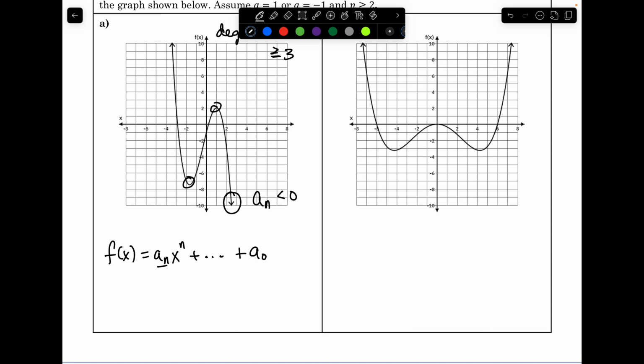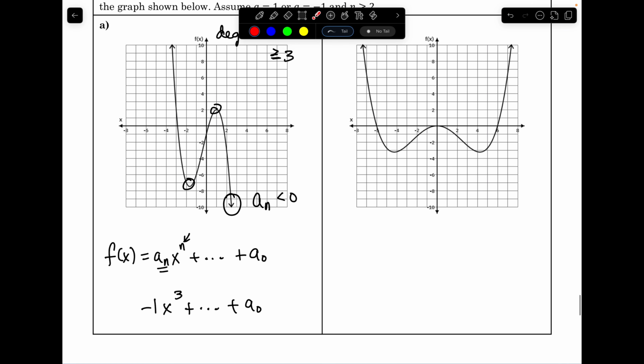We know this coefficient has to be negative, so we'll say -1. And the degree would have to be at least 3, so we'll say 3 as the least possible one. So this is what the first term of this polynomial will look like. Then we can also use the zeros and all the other information to figure out what the rest of the polynomial looks like, but right now we're just going to focus on that.